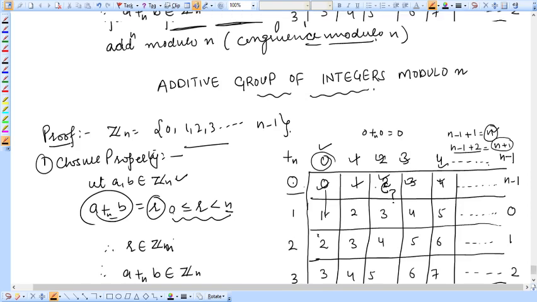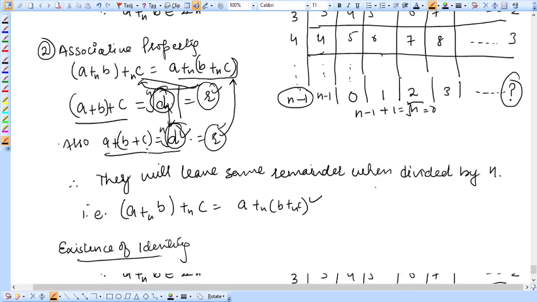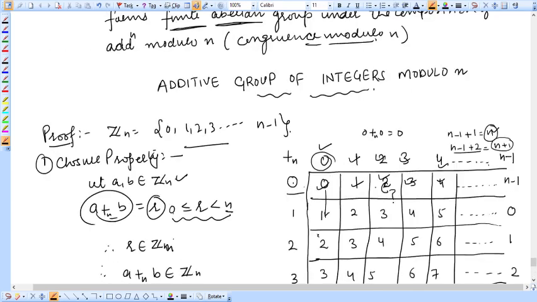Identity. For inverse, you can also see here is 0, which means the inverse of 0 is 0. See here in this column, 0 is here, which means 1 is the inverse of n minus 1, or alternatively n minus 1 is the inverse of 1.